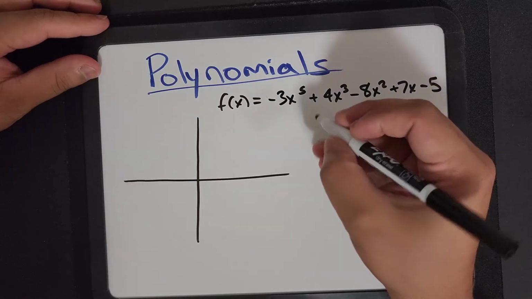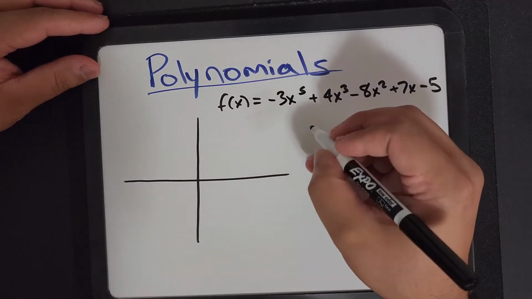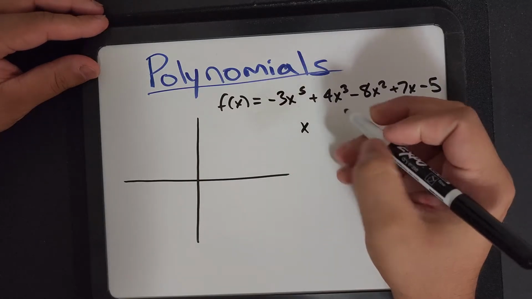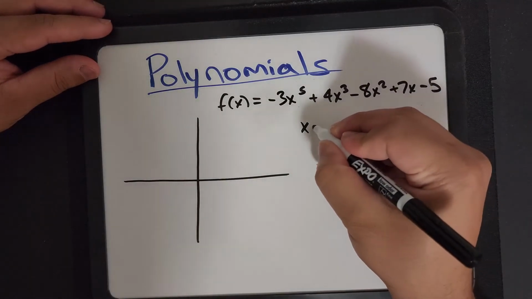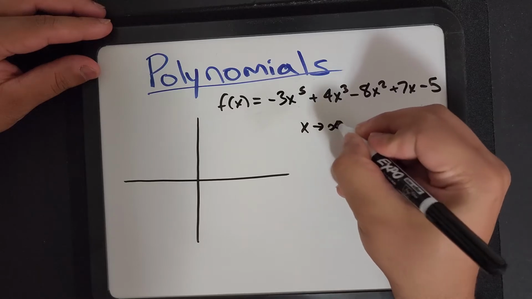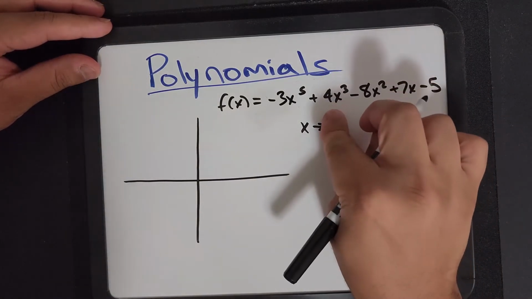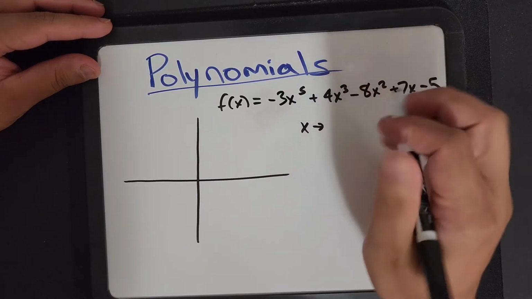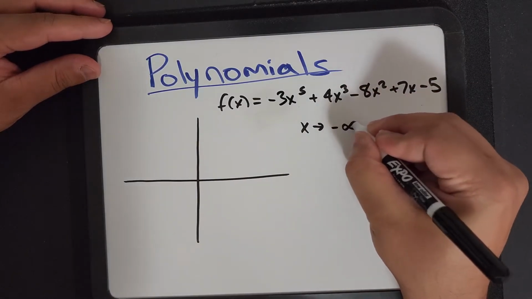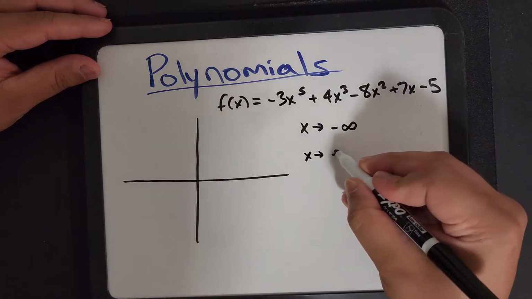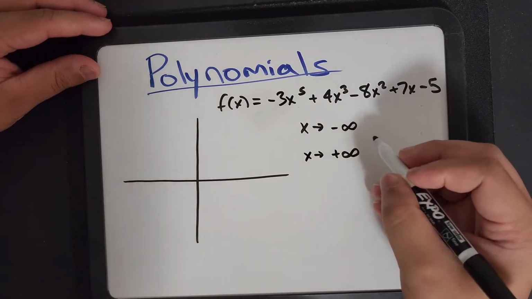One thing that we're going to do just to find the behavior of this is to see the behavior of the function when we send the x value towards infinity. And well, first we'll start with negative infinity, and then we'll go on to the positive infinity.